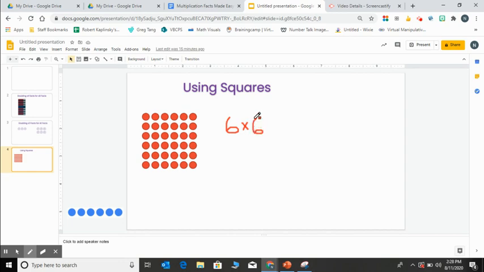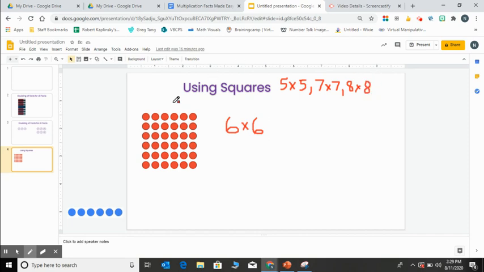So when I'm talking about squares, I'm talking about when you have that factor in both places. So like 5 times 5, 6 times 6, 7 times 7, 8 times 8. A lot of kids remember those squares a little bit easier than some of the other facts. So you can use things that are easier for you to remember to help you with things that are more difficult for you to remember.